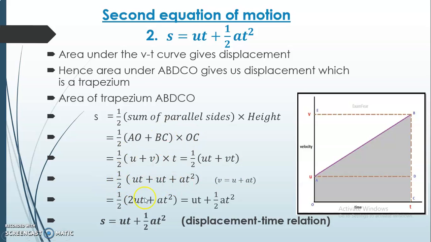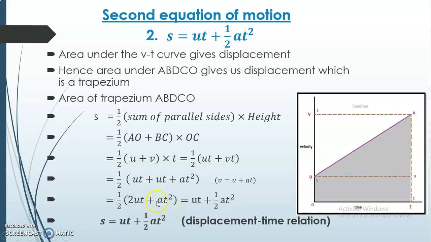Okay, so we get this half UT was already there and one more UT plus AT square because of this equation. Okay, so now you can add these UTs, so you will get half bracket 2UT plus AT square.